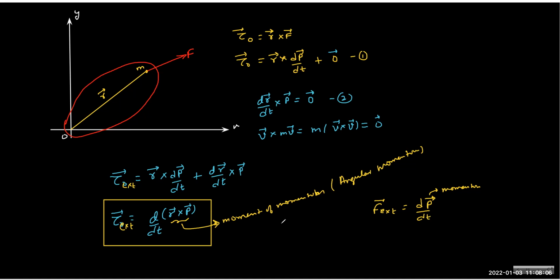So in the line of Newton's second law, we can substitute this term with some nice symbol, and that nice symbol today we write as capital L, and we call capital L the moment of momentum.